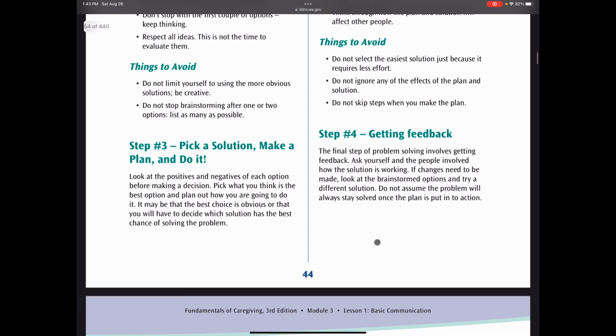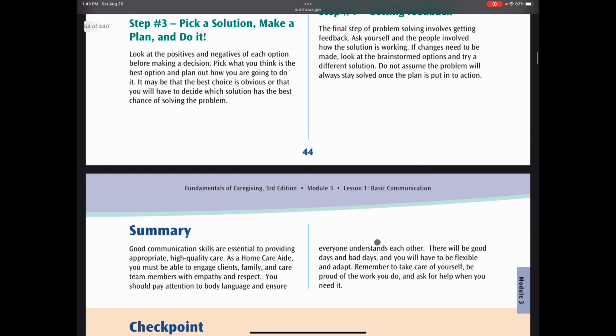Now we're going to lesson 2. Before we go to lesson 2, let's just summarize this one more time. Good communication skills are essential to providing appropriate high-quality care. As a home care aide, you must be able to engage clients, family, and care team members with empathy and respect.